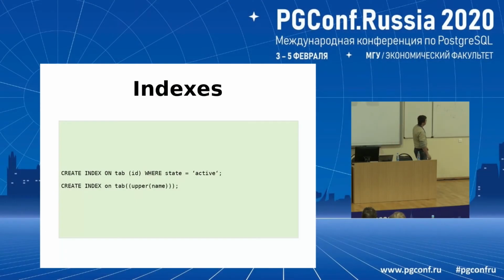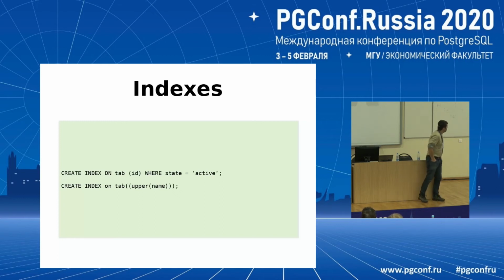What can help indexes? Indexes are important, and I have here two forms of indexes. Usually people know functional indexes. Functional indexes are indexes on the result of some function, and a lot of things you can fix with functional indexes.